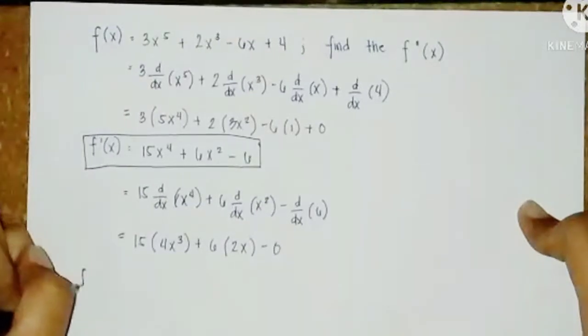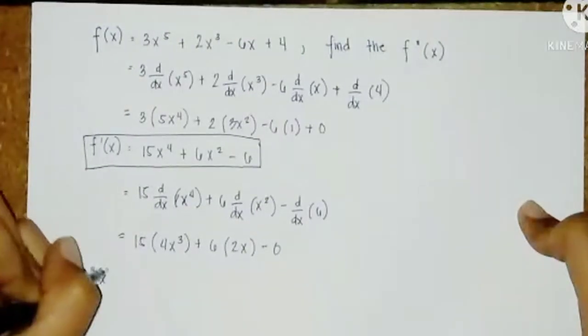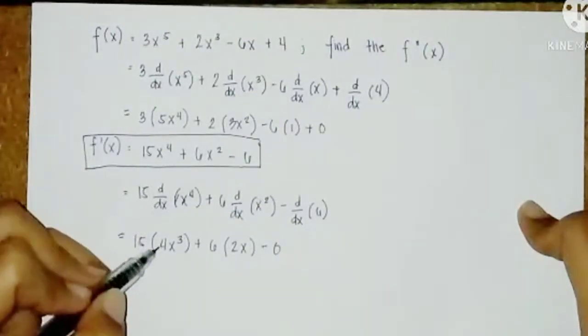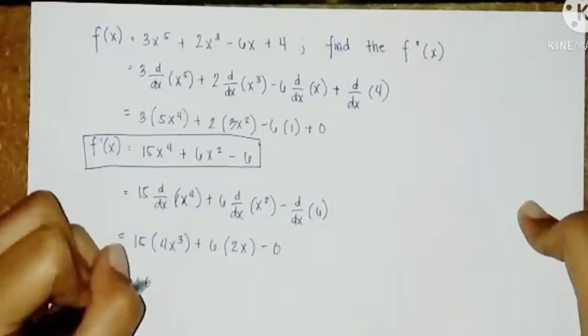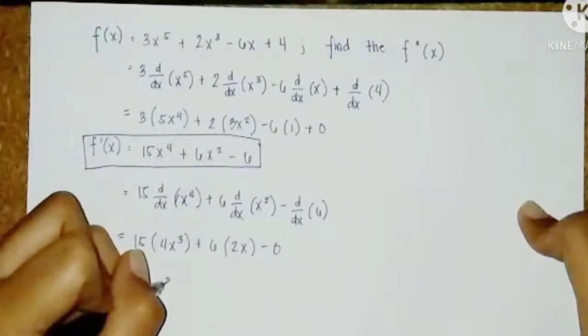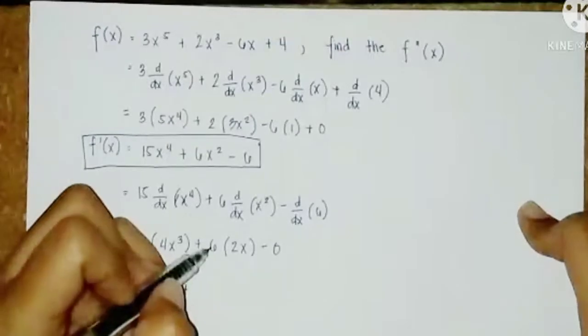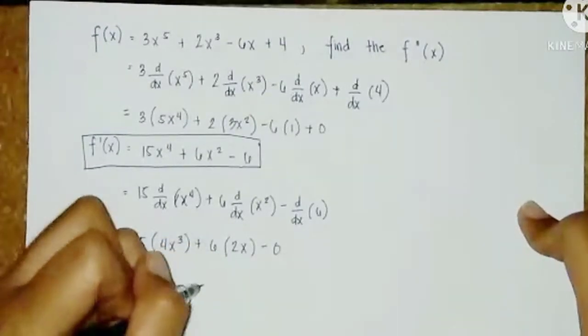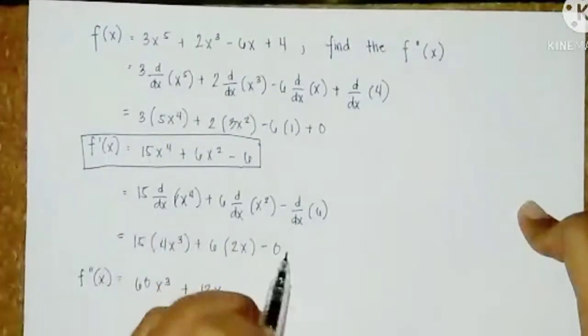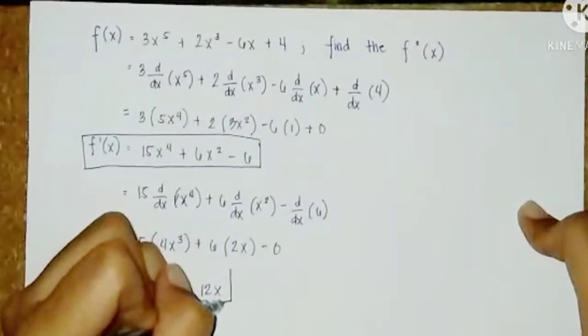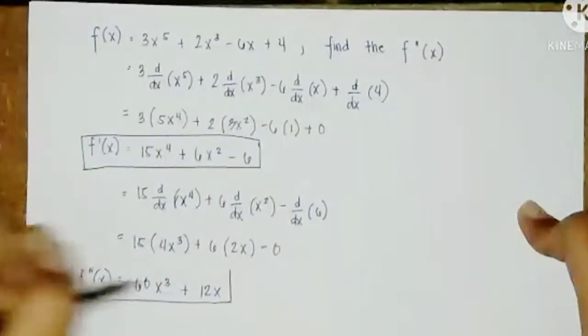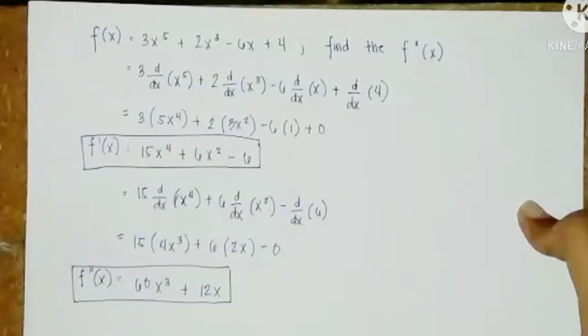So to get the second derivative, let us have 15 times 4 equals 60x cubed plus 6 times 2 equals 12x minus 0 equals 0. So this is our second derivative.